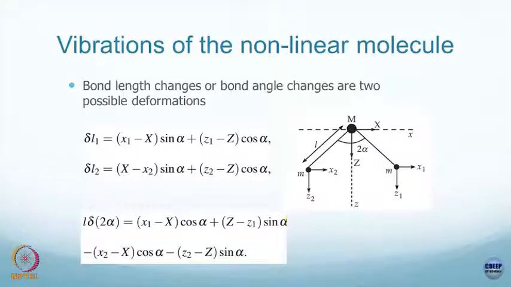You can make this length change, for example, here which I call delta L1, the change in bond length between capital M and small m for this case, and delta L2 is the change in bond length for the mass with coordinates x2, z2 and the capital M with x and z.